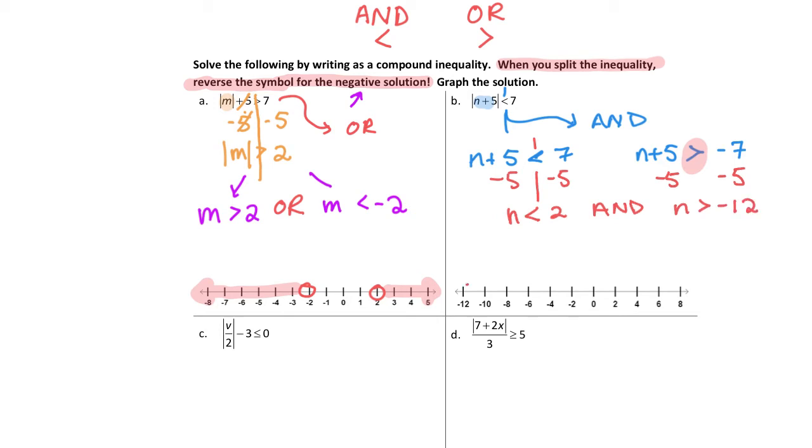So you can see I'm going to put an open circle again at -12, and an open circle at 2. And since it's an and, that means I shade in between. And it makes sense. It says quite literally, n has to be less than 2, so it's shaded less than 2. And n has to be greater than -12, and it's shaded greater than -12.